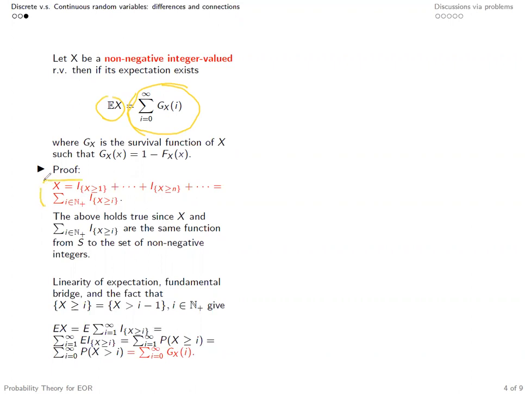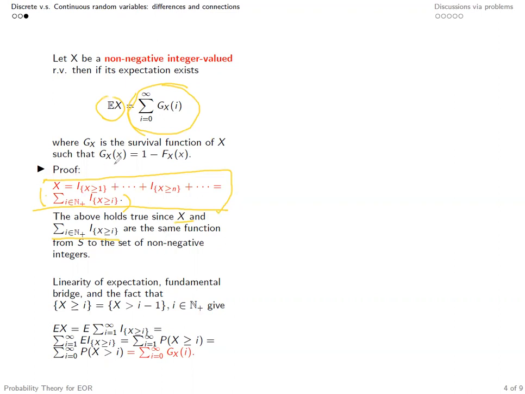If we look at the proof, this is the first key step. Note that the random variable x is essentially equal to the summation of indicator random variables, or the summation of indicator functions. This holds true because the left-hand side and the right-hand side are the same function from the underlying sample space to the set of non-negative integers.